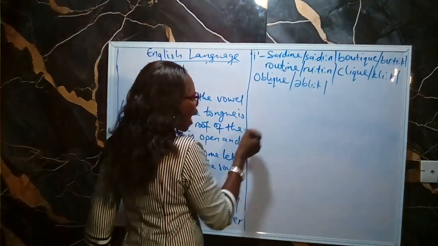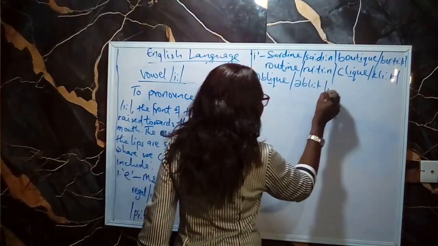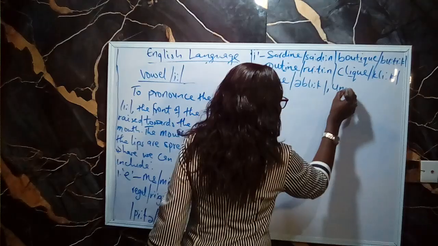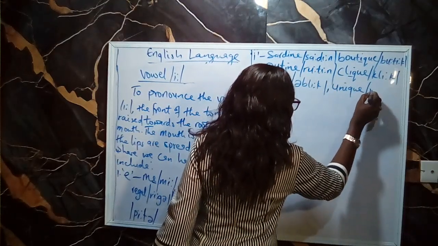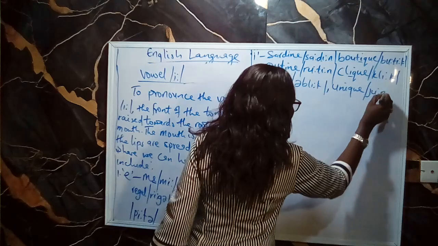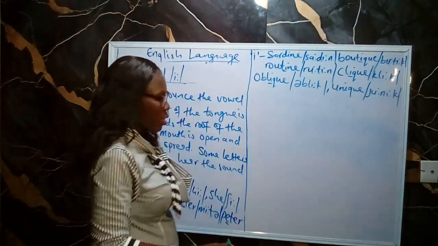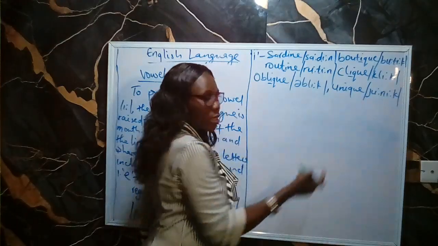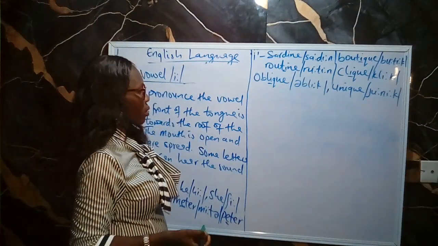So in all the I here, that is where we see the sound. You can also see it in unique. This is Y sound. It's not J. The sound is Y, as in yellow, year, and so on.